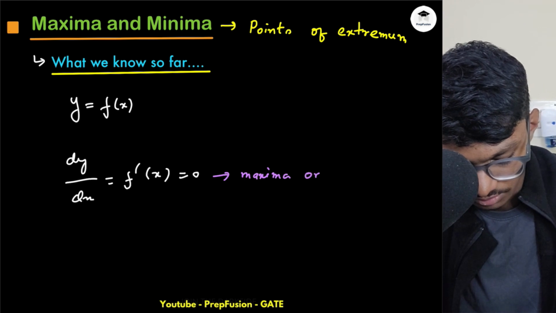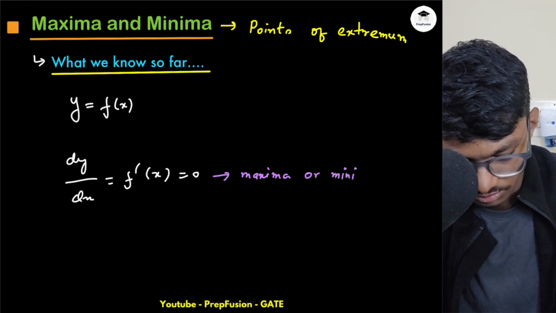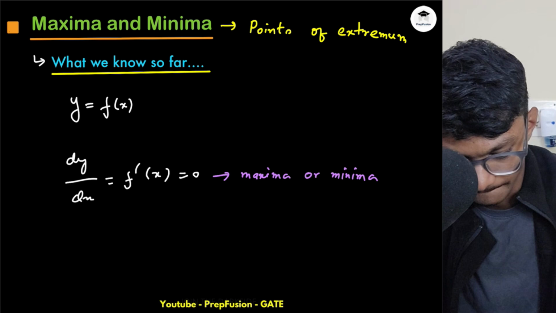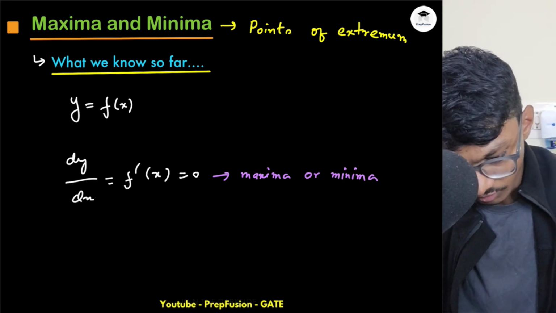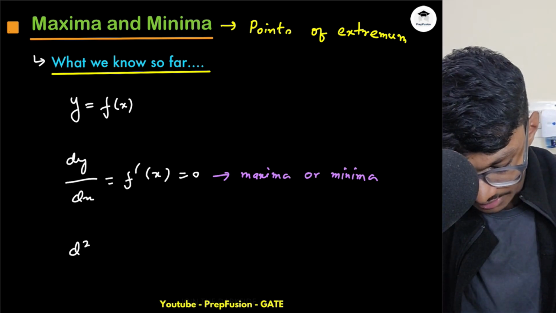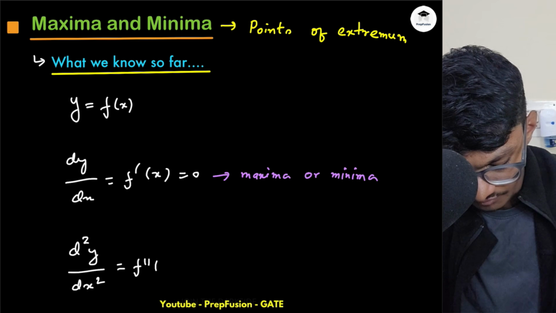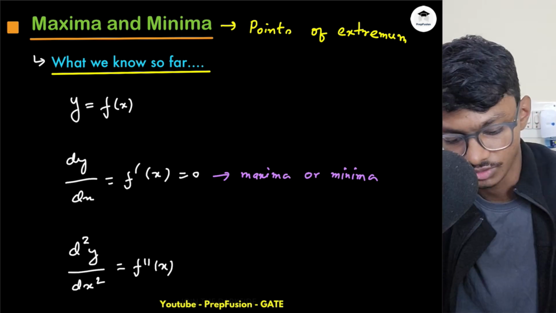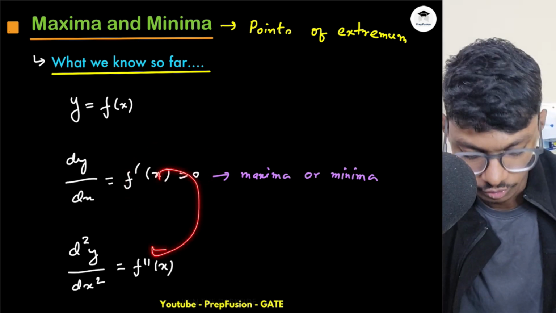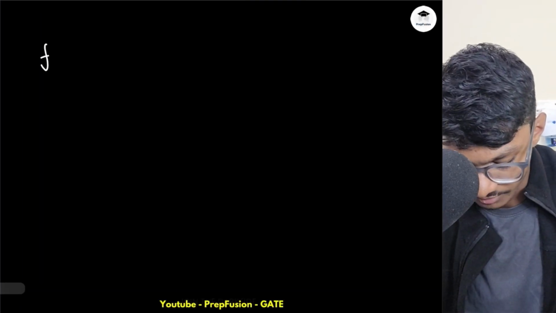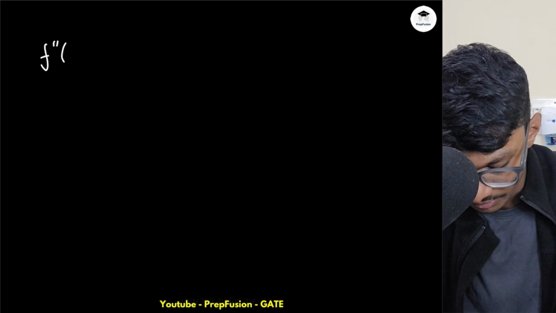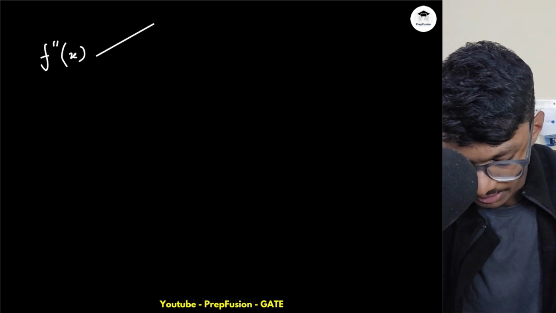Then you take the second derivative, d square y upon dx square, which is f''(x). Now you put whatever values of x you found over here, and after putting the values of x in f''(x), there can be 3 cases.